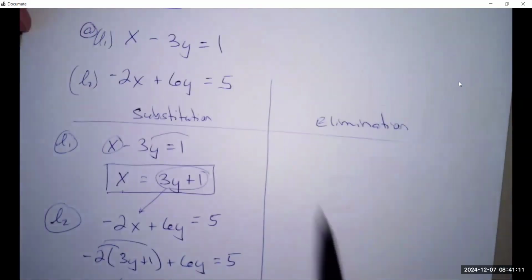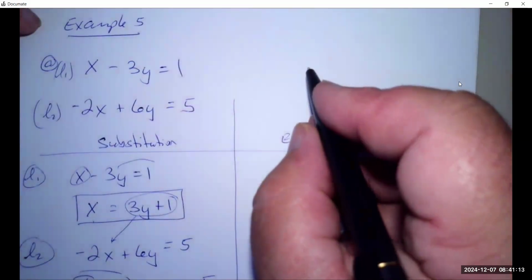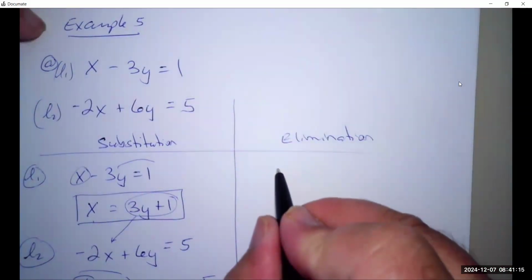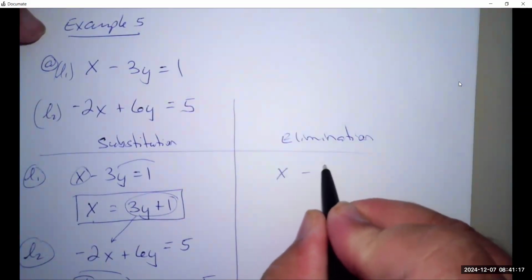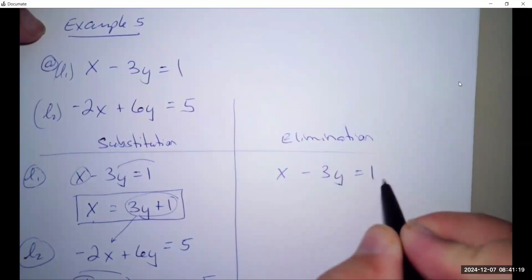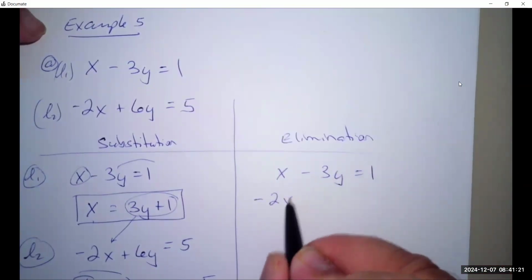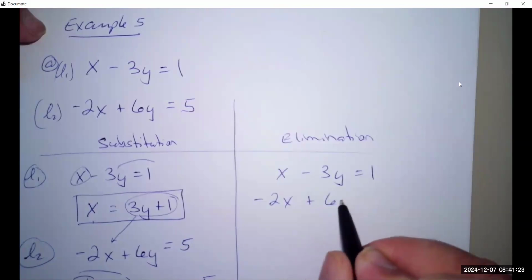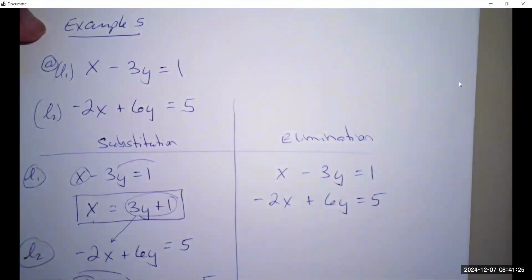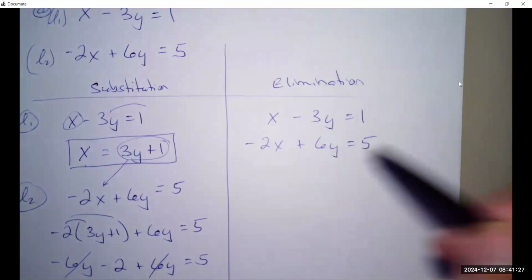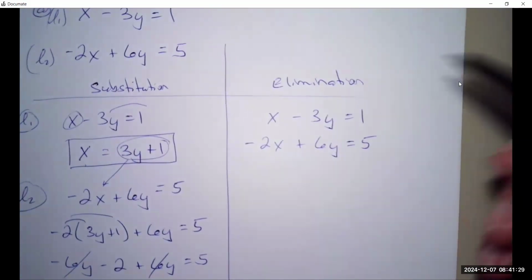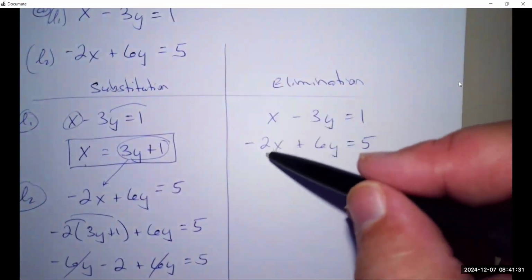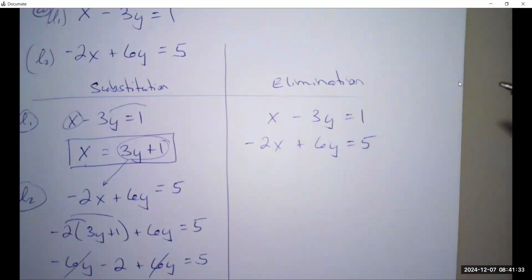All right, so let's look at elimination. Our equations are x minus 3y equals 1 and negative 2x plus 6y equals 5. Remember, for elimination, I need to have the same coefficient but different signs.